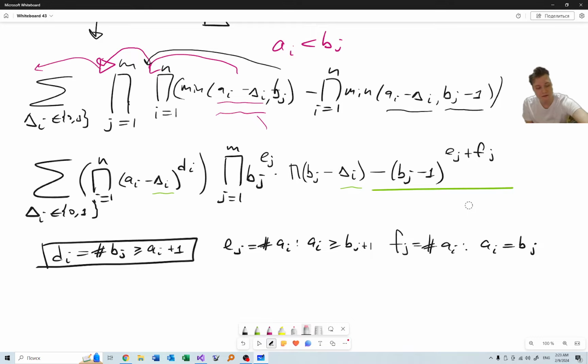I would like to separate them easily, but I cannot. So how to separate them?